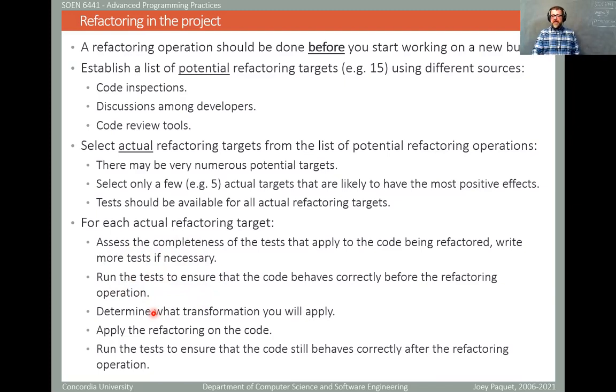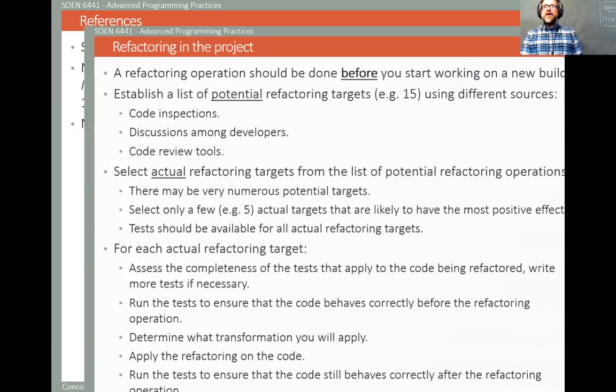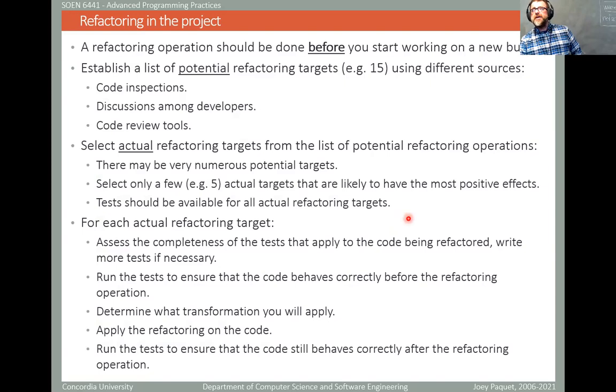So identify 15 potential refactoring targets and then distill them into 5 that you will apply, giving justification why you chose these 5, and then apply the transformation for each of these 5. So that's what you have to do for the project regarding refactoring.